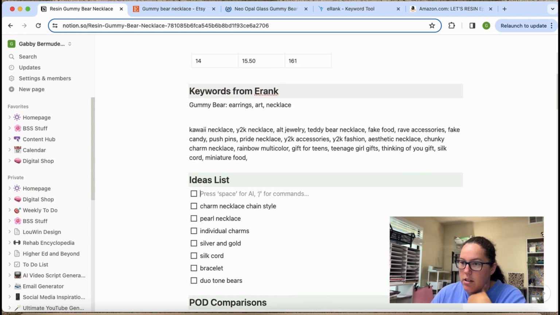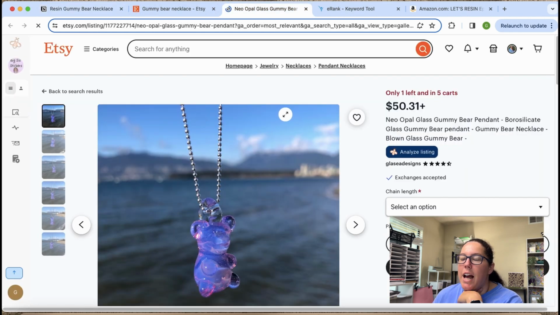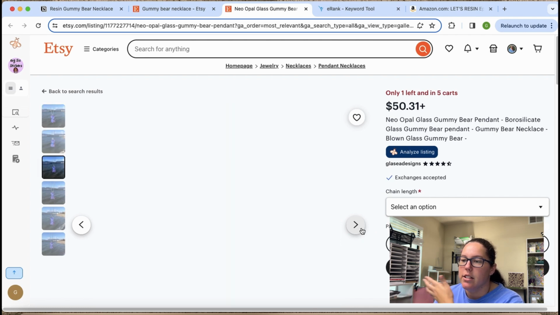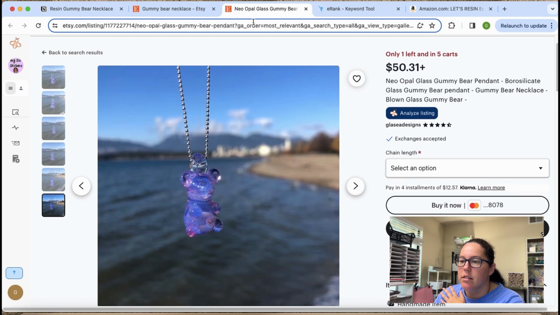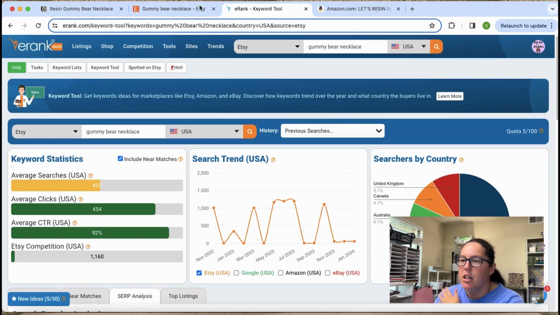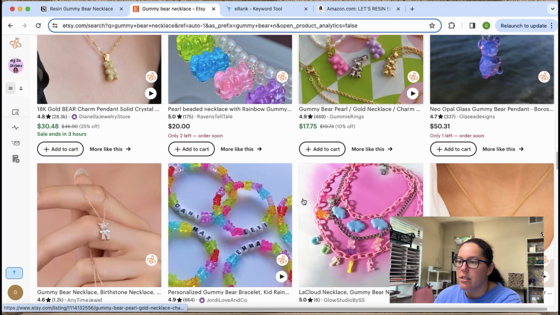Ideas. Because that's a question I've been having in my head, like what length for the necklace. It shows the back. Okay, not that many pictures, but it's selling, so they're doing something right.